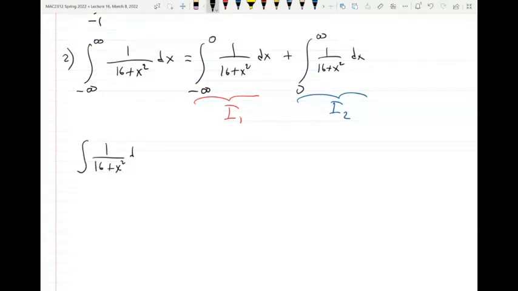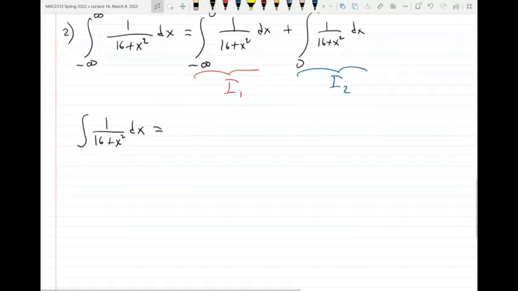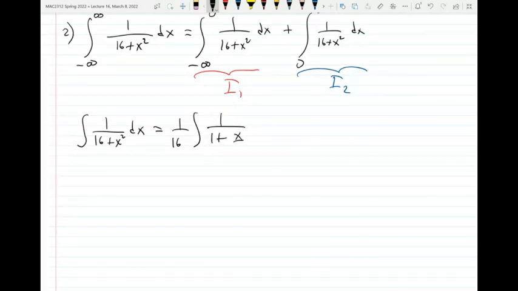Does everybody see that this is an arctangent integral? Okay, so I'm gonna factor out 16, and that would be 1 plus x squared over 16. That becomes x over 4 squared, right? dx. So if we make u equals x over 4, then du is 1 over 4 dx.